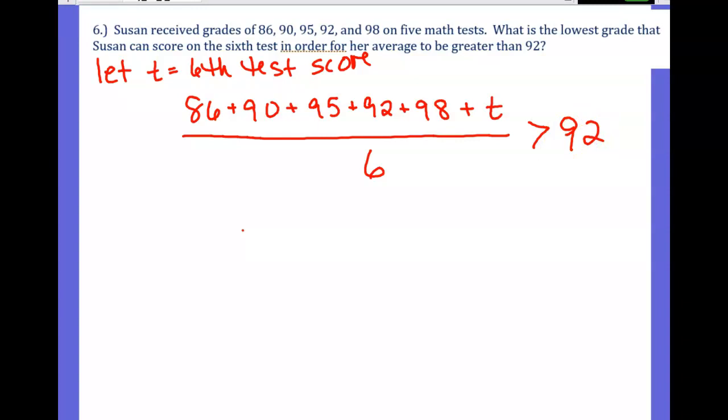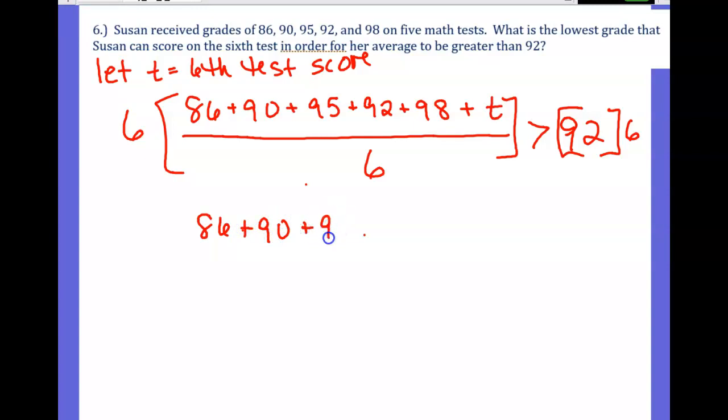Okay, so here we're dividing by 6, so let's use the golden rule of algebra. Let's multiply both sides by 6 to get rid of that denominator. So when I do that, I've got 86 plus 90 plus 95 plus 92 plus 98 plus t.